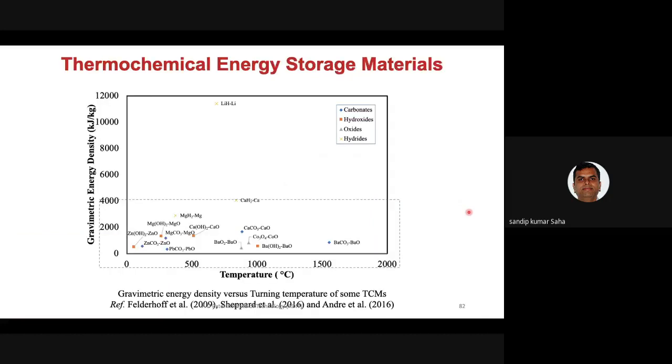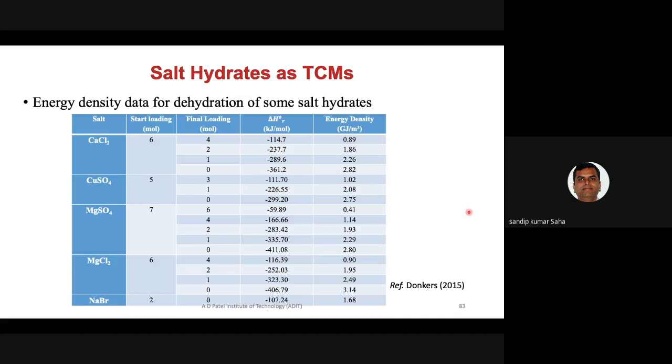Now here are some examples of thermochemical energy storage, like strontium bromide, CaCO3, CaO. Not only hydration and dehydration, we also use carbonate type applications and chlorinate type applications, where endothermic and exothermic reactions are there. Now some typical examples of salt hydrates and their energy densities.